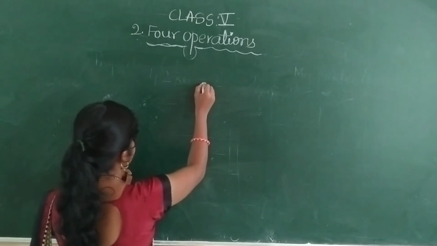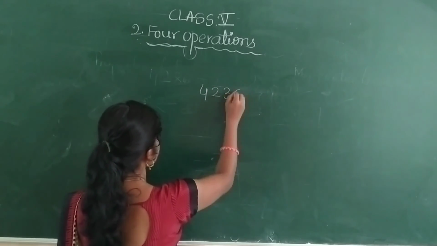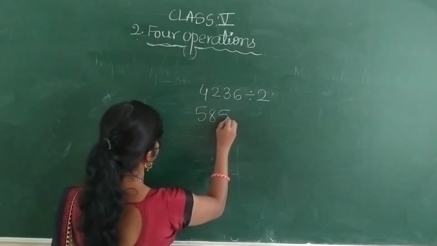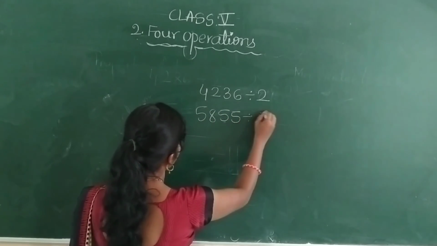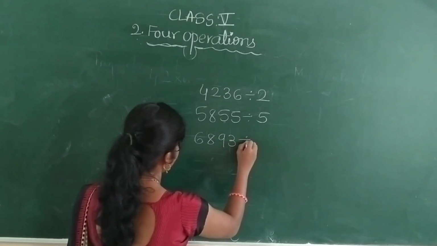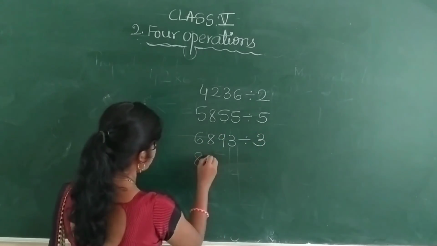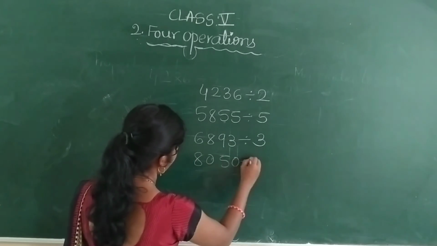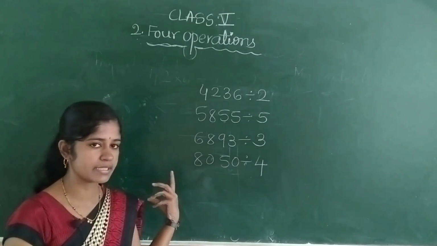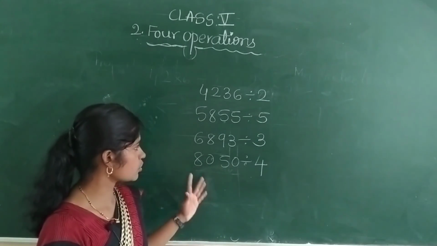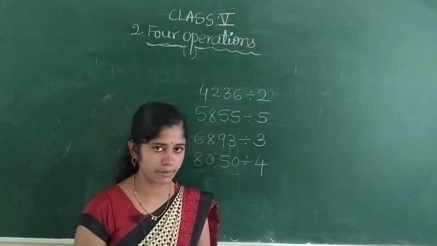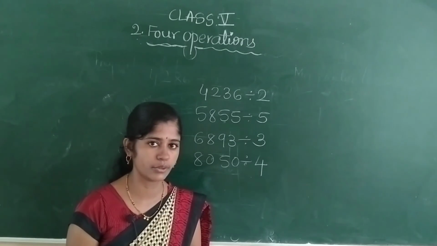Let us take these examples: 4236 divided by 2, 5855 divided by 5, 6893 divided by 3, 8050 divided by 4. So these 4 examples and the example I have solved, that means total 5 examples, you solve and send them to my personal number. I hope this class is clear to you. Thank you.